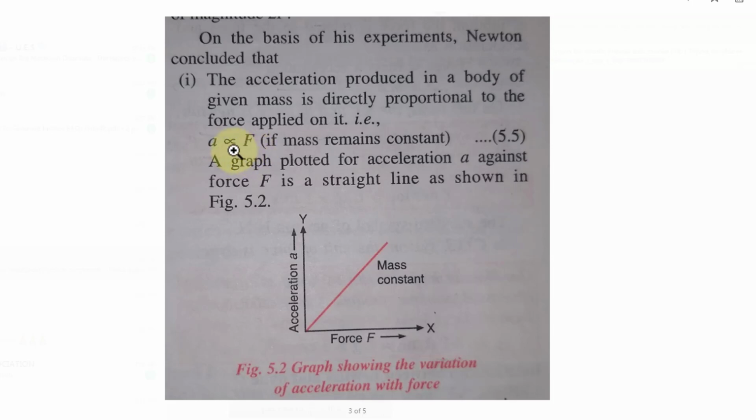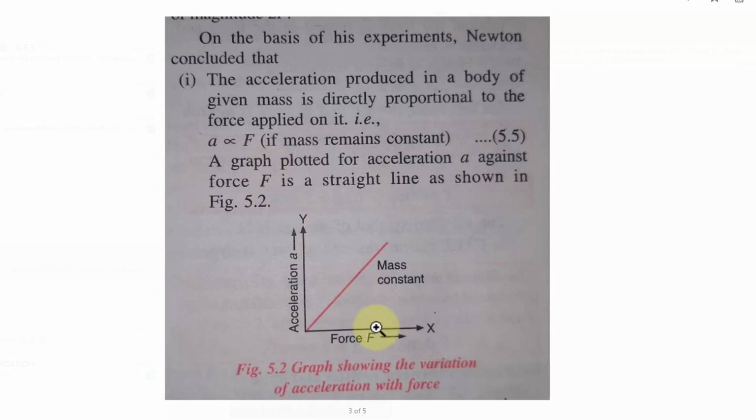The acceleration produced in the body will directly depend upon the force applied on the body. If you apply more force, more acceleration will be produced. If you apply less force, less acceleration will be produced. But the reason is what? Mass remains constant.